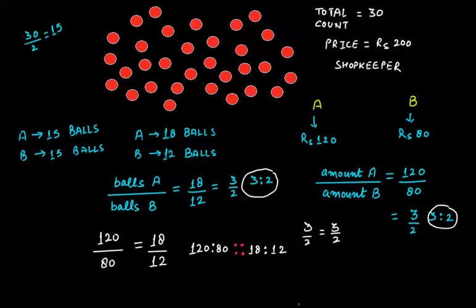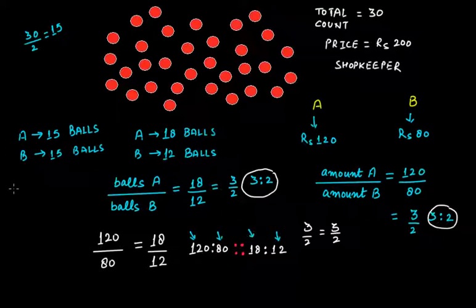Since this is in proportion because these two ratios are equal, let us name the terms written in the form of proportion, that is 120, 80, 18 and 12.